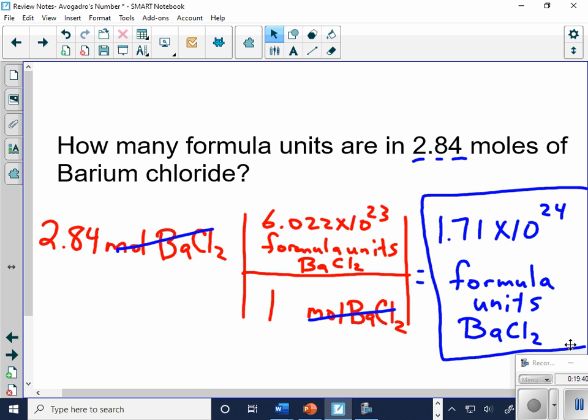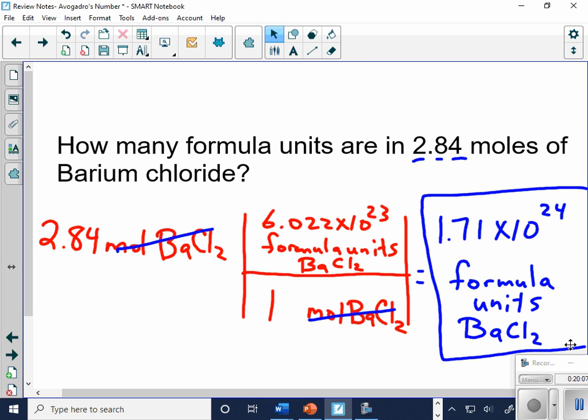Well, if I take 3 times Avogadro's number, 6 times 3 is 18. So this is going to give me 1.8 times 10 to the 24th somewhere. Is my value close to that? Yeah, so I ballparked it okay. That's what I call ballparking it. Just looking at my numbers and saying, okay, does that make sense?